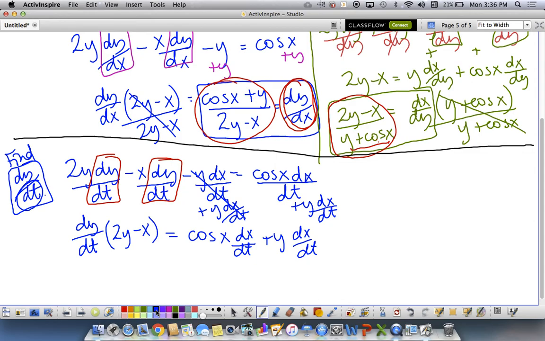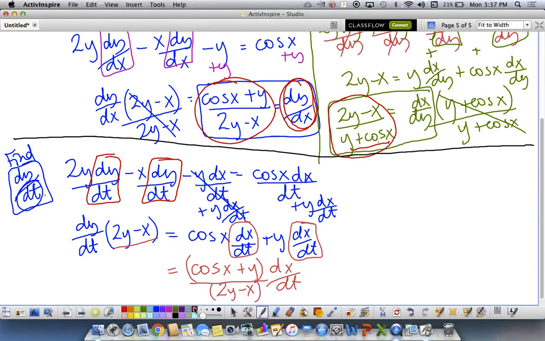So if it's okay with you, I'm going to factor this piece out also. So this is really equal to cosine x plus y, times dx/dt. And then we're going to divide by this 2y minus x. I put it at the bottom. It can go with your dt, but I put it over this one. Either way, your dy/dt equals all of this.